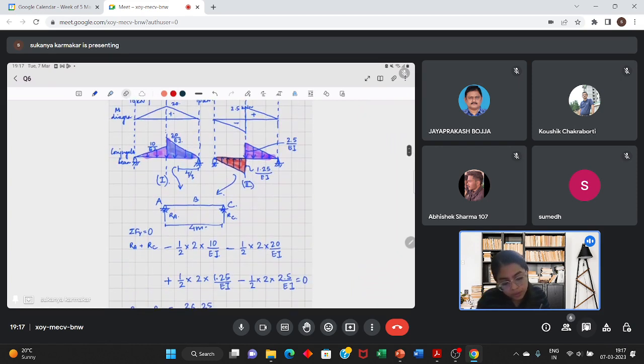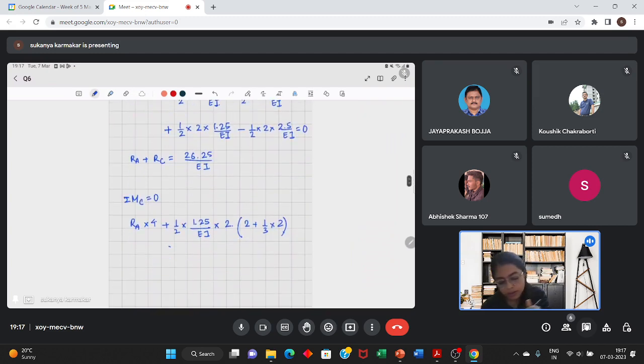This 1.25 is coming from this triangle, from loading pattern 2. So first I'll write all the terms from loading pattern 2. So minus half into 2.5 EI into 2 into the lever arm, which is 2 into 2 by 3.